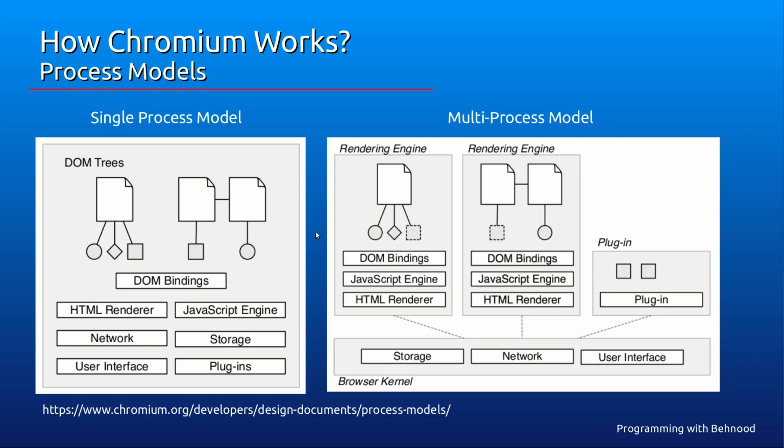In contrast, the multi-process model can isolate web program instances and their browser components from each other and from the rest of the browser. So technically the multi-process architecture is more powerful, and Chromium effectively implements such a multi-process architecture.